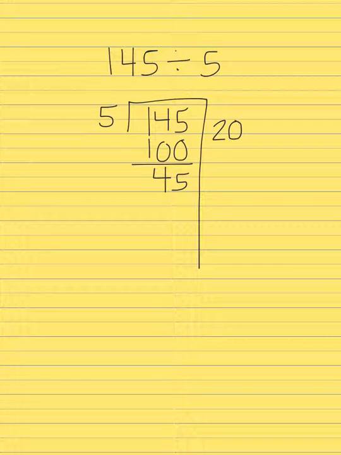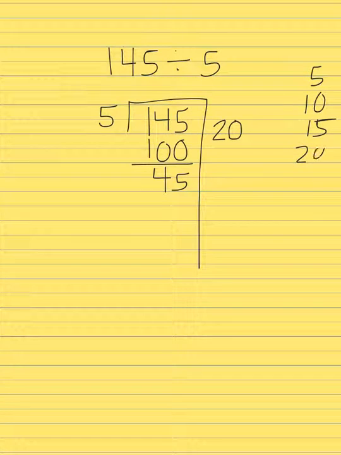Students that are not as strong with their multiplication skills, what I have them do in class, once it's this basic fact, is write their skip counts to figure out 5 times what gets you closest to 45 without going over. So we just make a list of their skip counts.